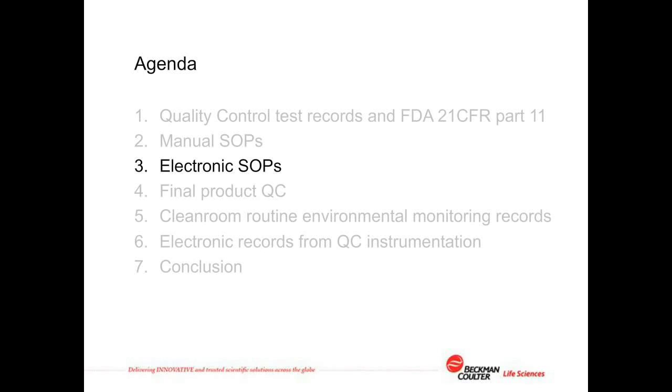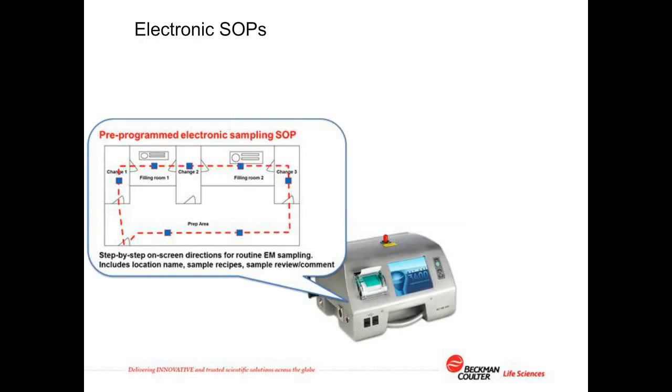So let's have a look at how some instrumentation has been optimized to help us face these challenges. Some instruments like the MET1 counter can actually have the SOP in electronic format inside the instrument. So you can pre-configure all of the SOP, all of the sampling routine that you would do on a routine daily environmental monitoring, into the particle counter itself.